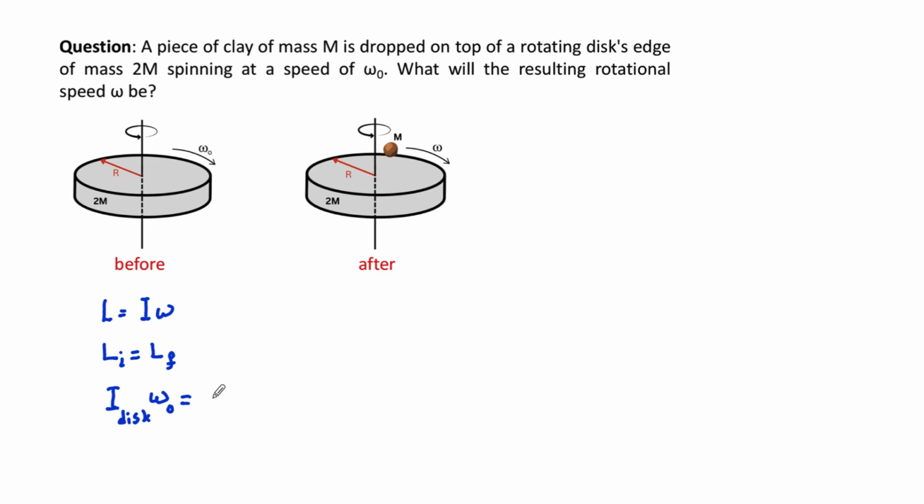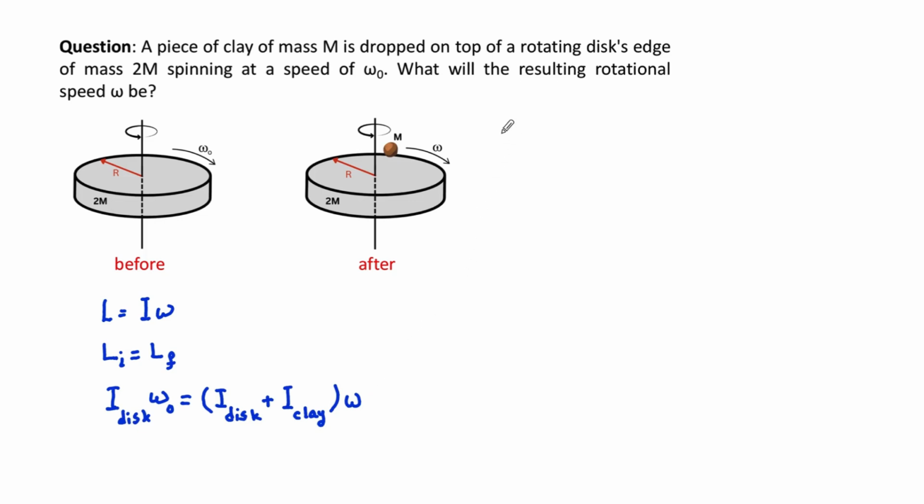And after dropping the clay, the moment of inertia will be the sum of the moment of inertia for the disk plus for the clay, times omega. This is the final omega, and we are looking for this omega.